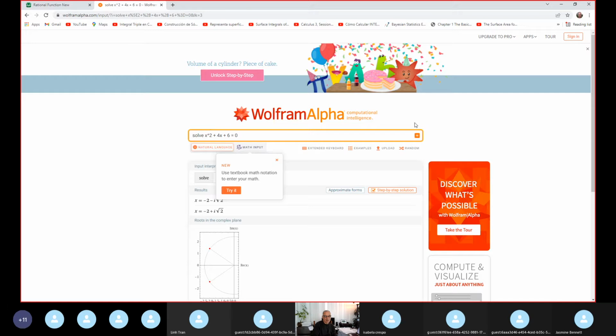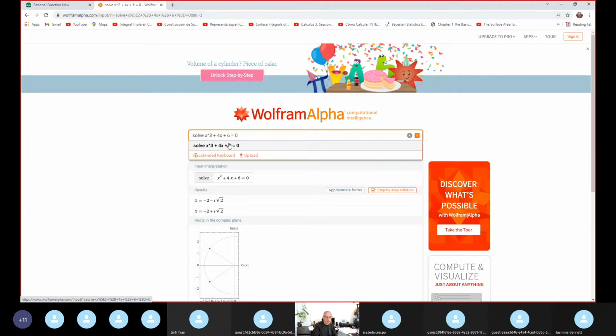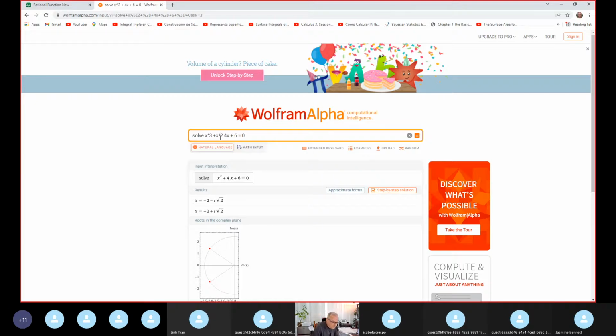And now, this is the equation that Wolfram Alpha brings by default. But I change it. I put my equation. My equation is x to the power 3 plus x squared minus ax minus 11. For the power, you use the key 6 on the keyboard, but you press shift 6.